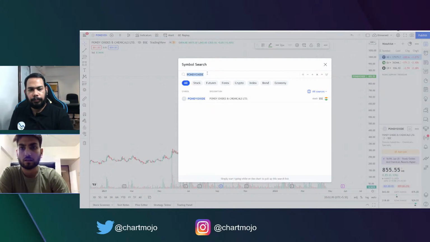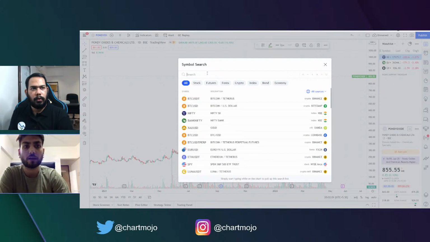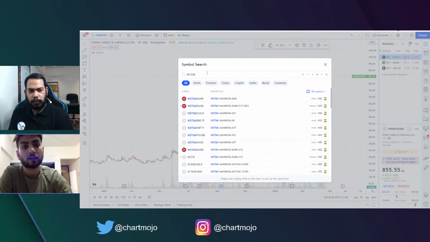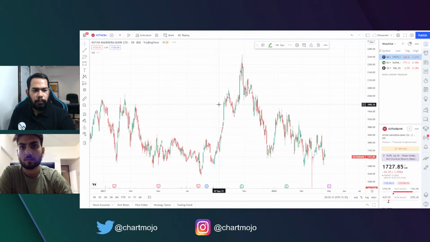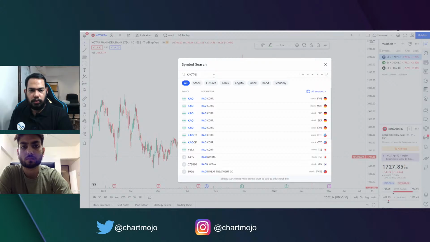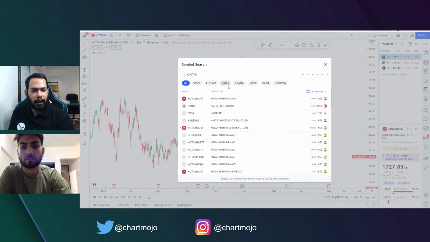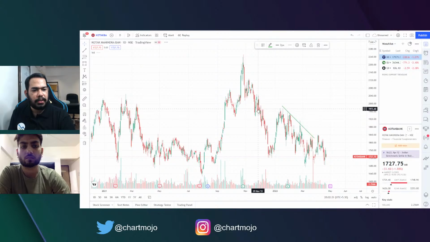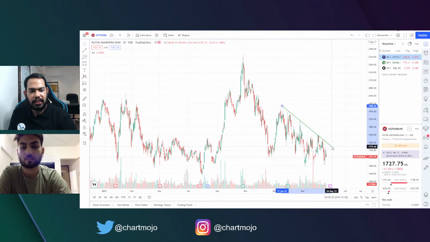Just a second. Next stock is Kotak Bank. He bought at 1690. Yes, 90 is the level. I think here we can see a falling resistance line.